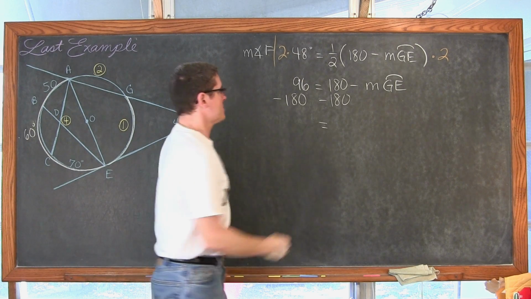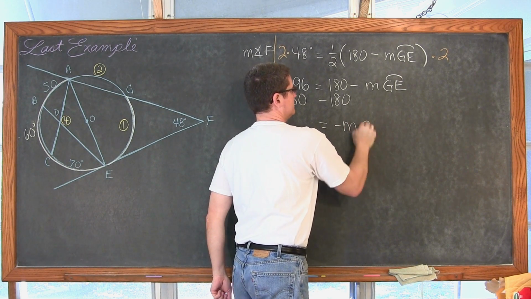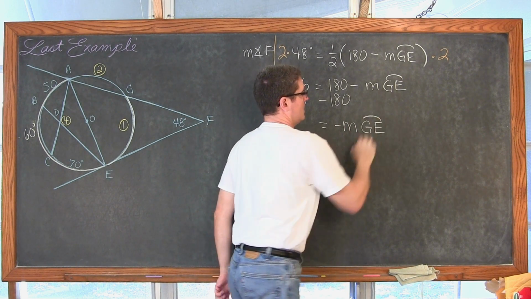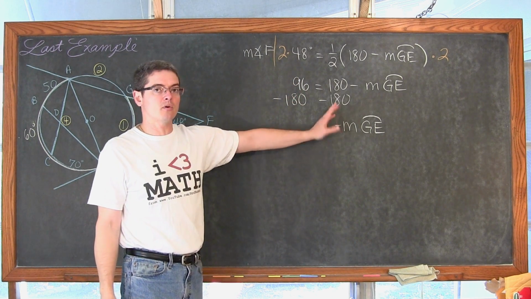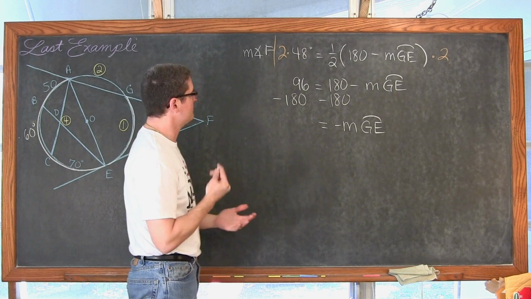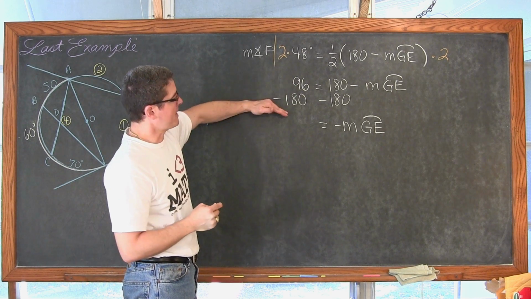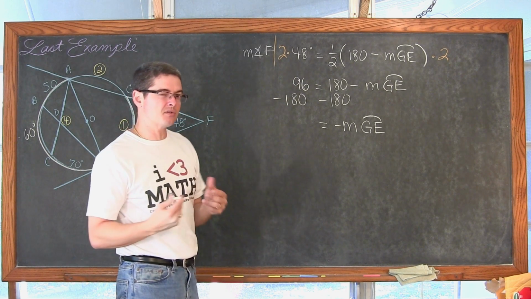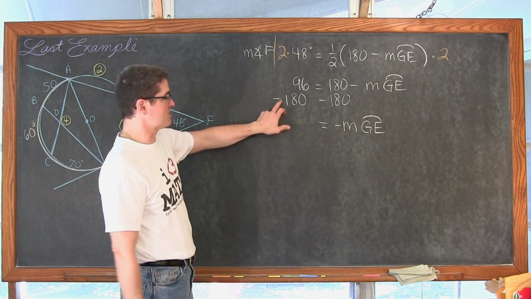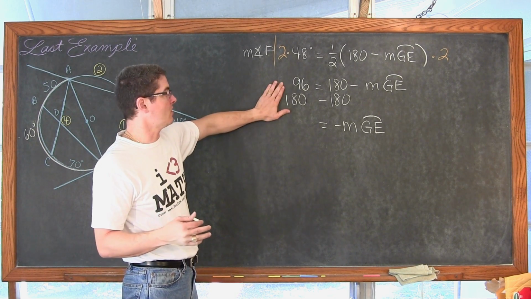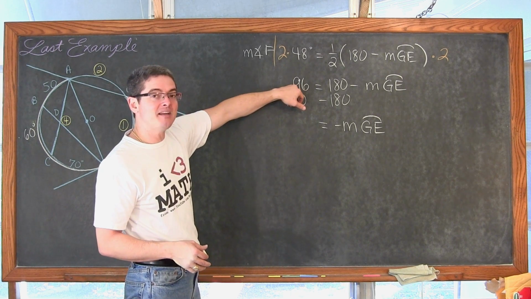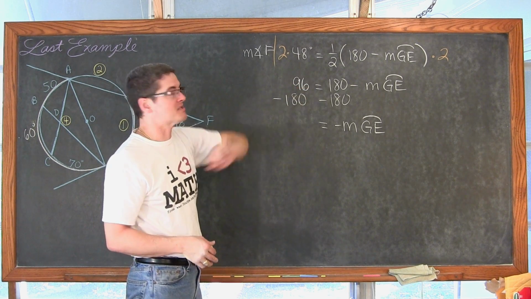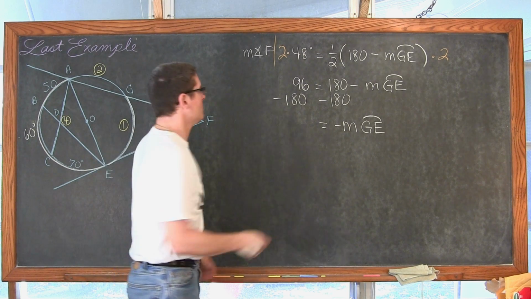Now, you might be concerned because we're looking for a measure of an arc, and this measure right now is coming out to be negative, but we have a negative here that we're going to divide both sides by to take care of that. Okay, 96 minus 180. Well, let's do this in reverse and just know the difference is going to be negative because 180, the larger number, is negative. 180 minus 90 is 80, and then 80 minus 6 is 74.